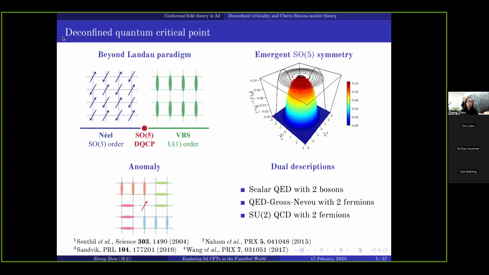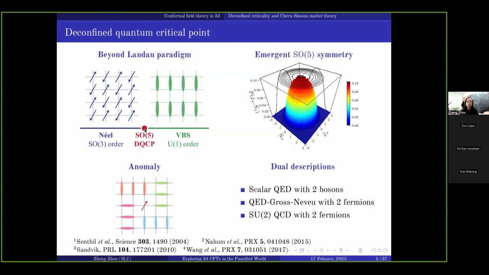For example, one of the pioneering examples is the deconfined criticality, which was first proposed to describe a direct phase transition between the Néel and VBS orders. It is a phase transition between two different ordered phases, so it goes beyond the Landau paradigm. Later people found out something more interesting about it.